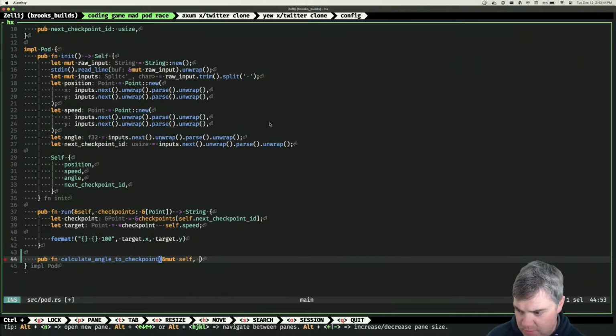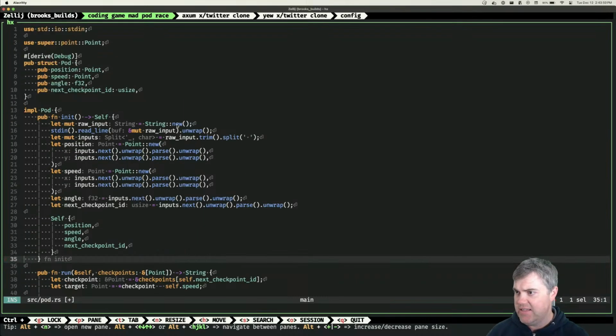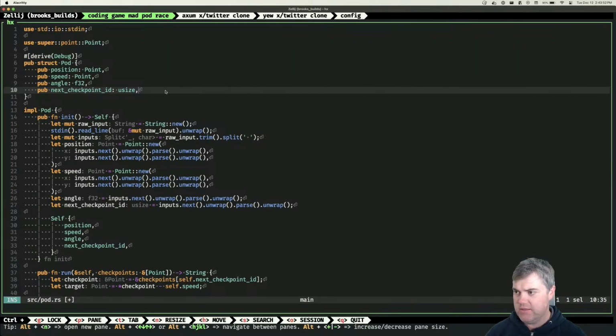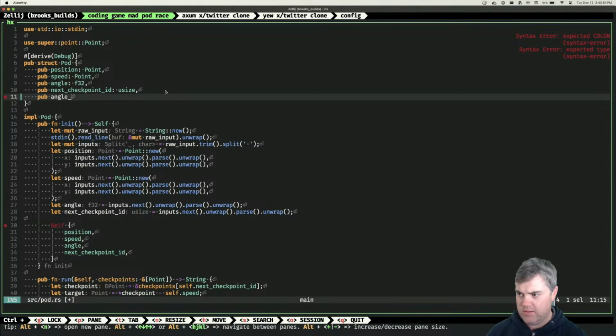If I take a mut self, I'll add in an angle to next checkpoint. I could start this off. I wonder if we don't have it. We might not have it right away, so I'll have to do an option.